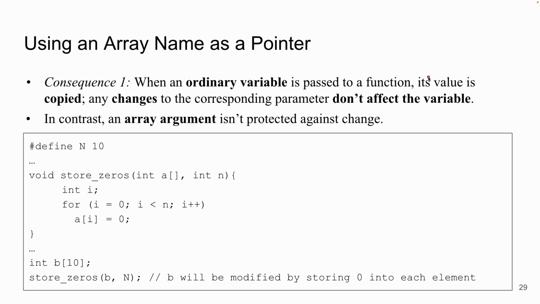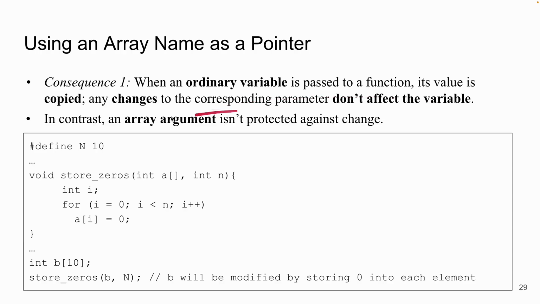We copy the value of the variable and then assign the value to the parameter of the function. So that is why any change to the parameter doesn't affect the variable in the argument list, right? We talked about this when we introduced functions.